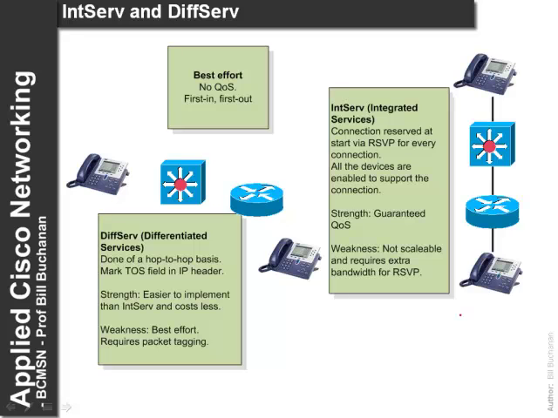The two key terms that we have in quality of service are IntServ and DiffServ. With DiffServ, or differentiated services, the quality of service is defined on a hop-by-hop basis. We do not get an end-to-end quality of service, and each device will cope with the quality of service as the data packet goes through the route.